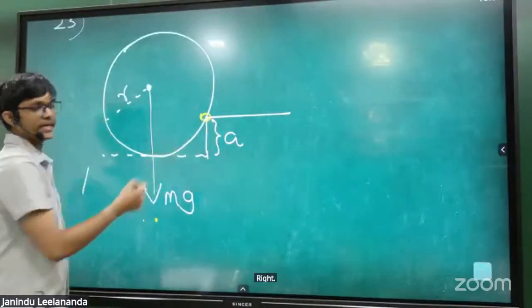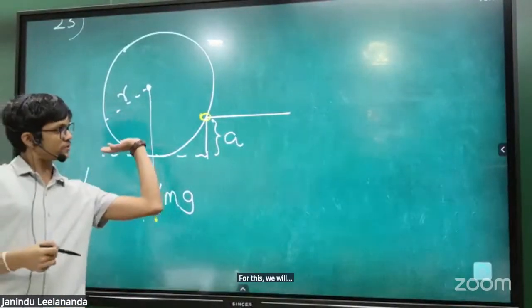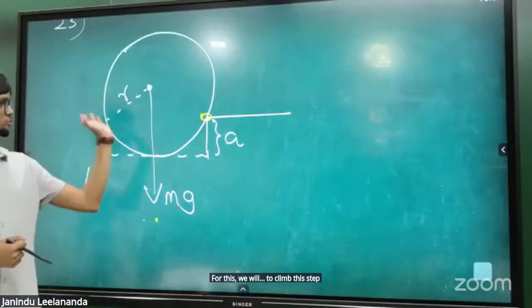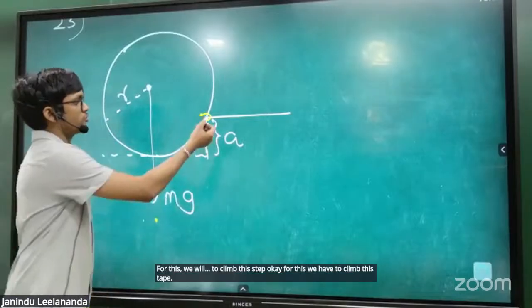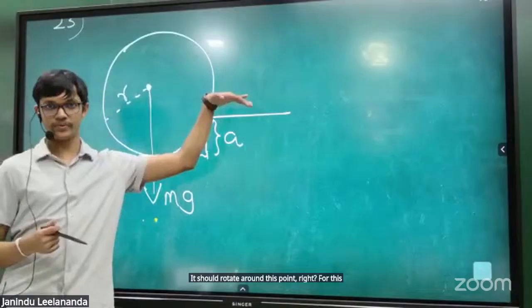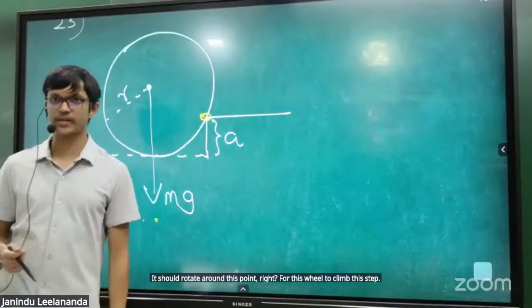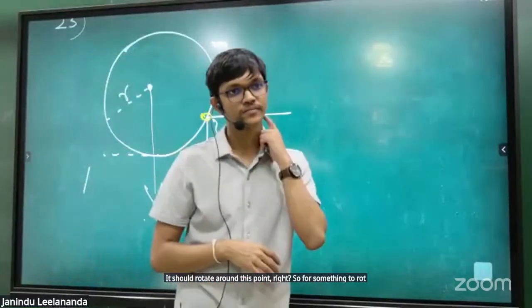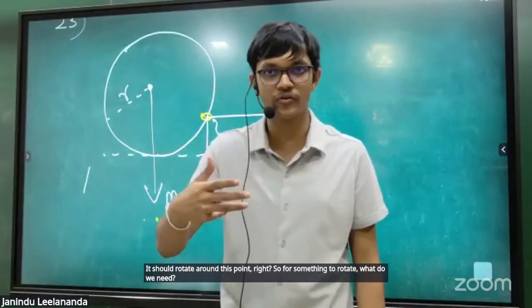For this wheel to climb this step, it should rotate around this point, right? So for something to rotate, what do we need? A moment. Can you remember?